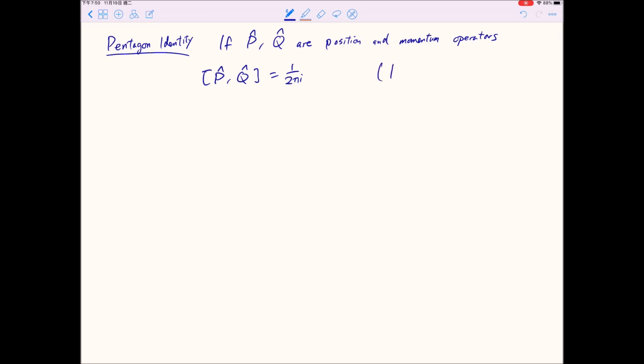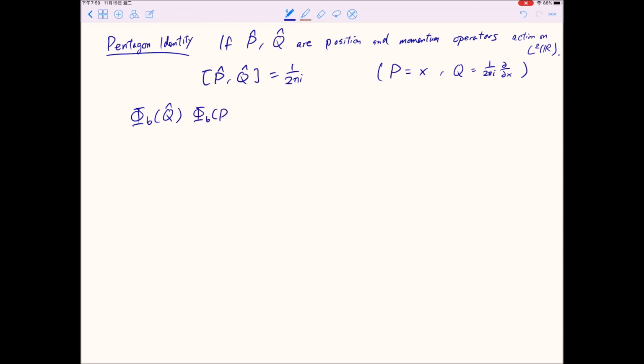A usual choice will be multiplication by x and differentiation by x. If you have two such operators acting on, say, L2 of R, these will be self-adjoint operators. Then you can plug them into the quantum dilogarithm, and as mentioned, since these are self-adjoint, these are all unitary operators, so they are well defined.